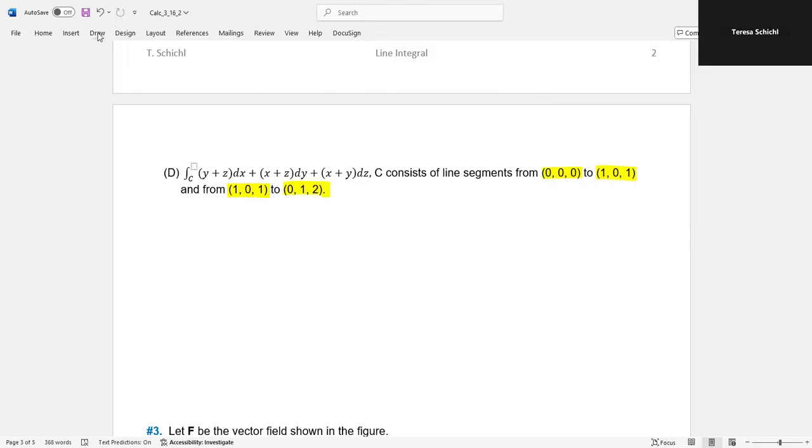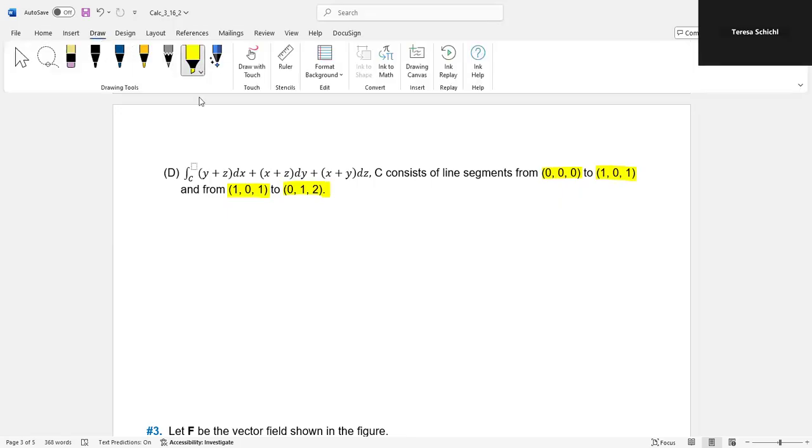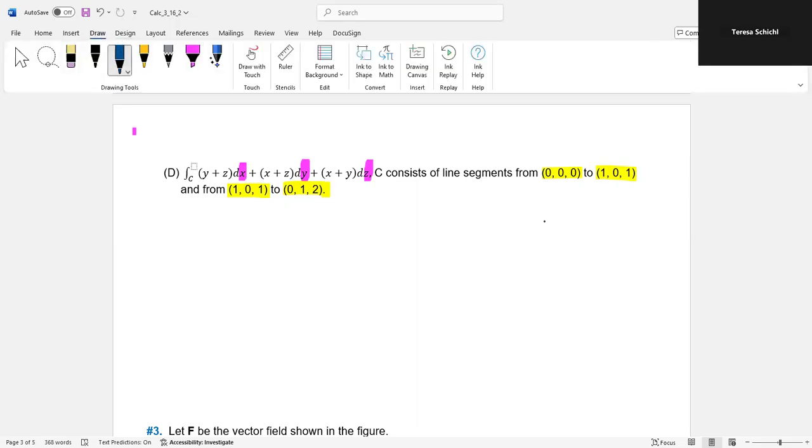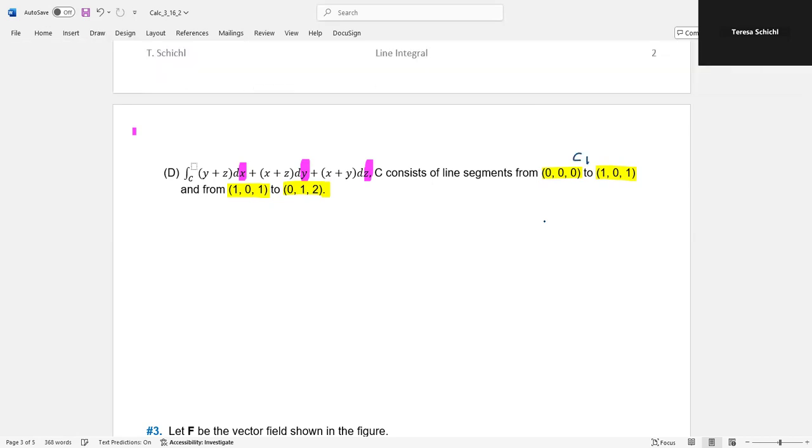The other interesting thing is, when you take a look at the integration here, this part is with respect to x, this part is with respect to y, this part is with respect to z. So it's not integrating by the arc length here. We call the first segment 1 and the second segment 2.